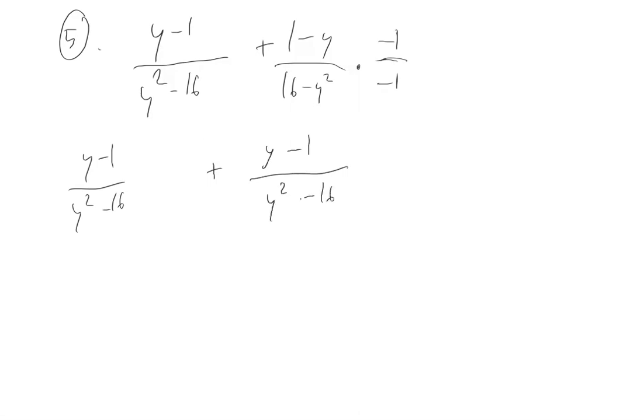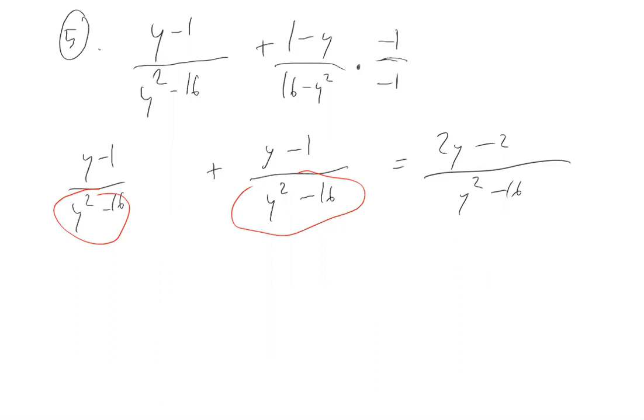Now, after doing that trick, the denominators are both the same. So I can add the numerators together. So y plus y is 2y, negative 1 plus negative 1 is negative 2, then divided by the bottom. Now let me factor out the bottom. The bottom is the same, but I still need to factor this because that's the difference of squares.